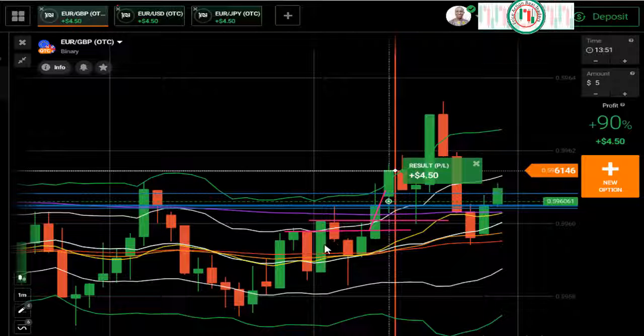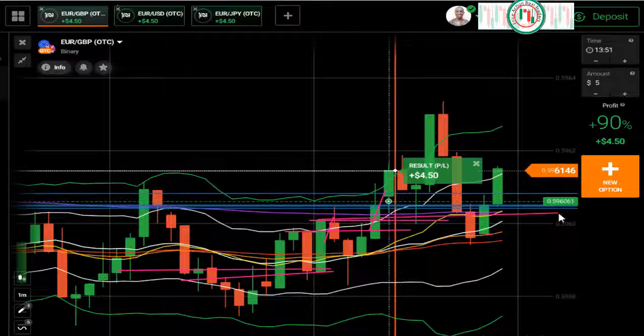You see market break it, here is another level, but this one work. So many levels will not work in this situation. And here you see another one, market break it.